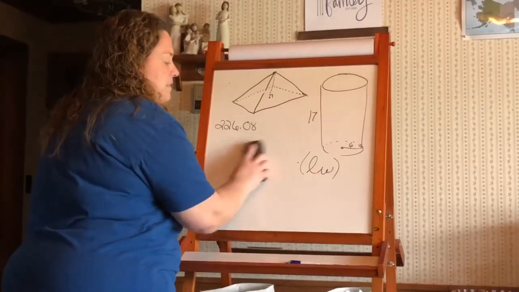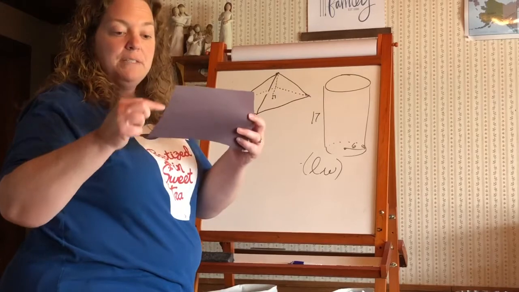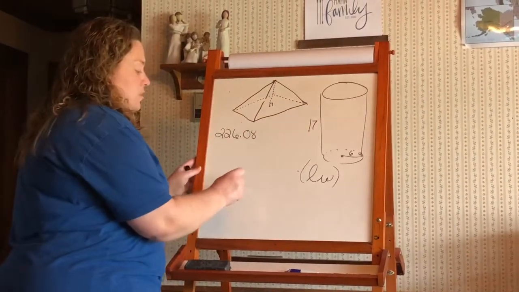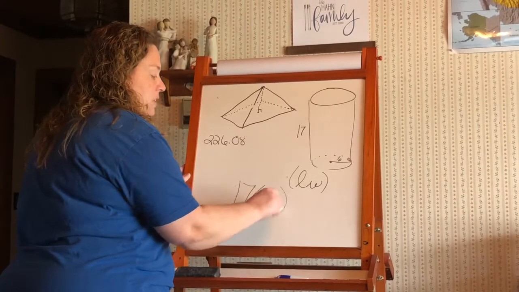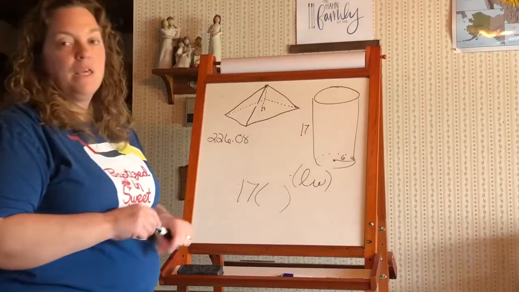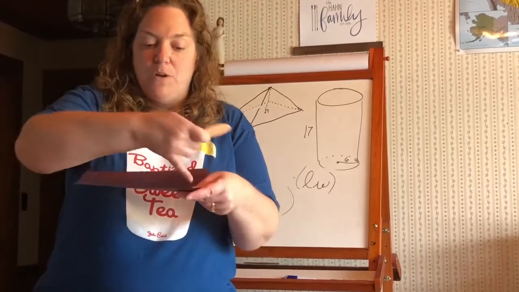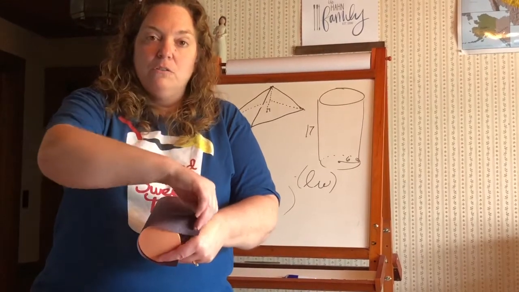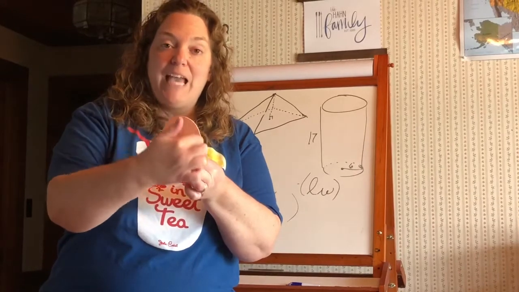Now we have to figure out length times width of this rectangle. Well, one side is given for us right here, 17. So we'll use 17 as our length. How do we figure out our width? Well, remember, when I took this paper, this one side of this rectangle, and wrapped it around my circle, it completely covered the perimeter, the edge.